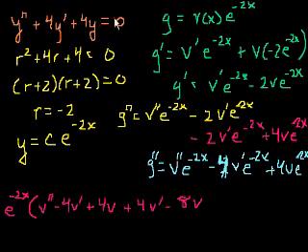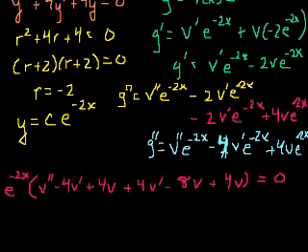Plus 4 times y, so plus 4 times v. I did that because otherwise I'd be writing e to the minus 2x each time, I'd probably make a careless mistake, and I'd run out of space. But essentially, I just substituted the second derivative, the first derivative, and g back into the differential equation, and we know that has to equal 0.